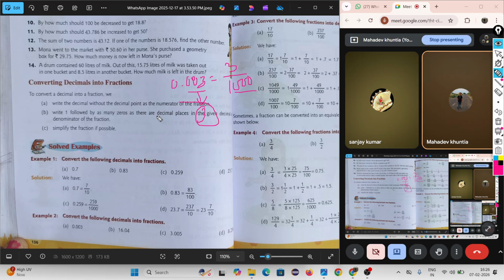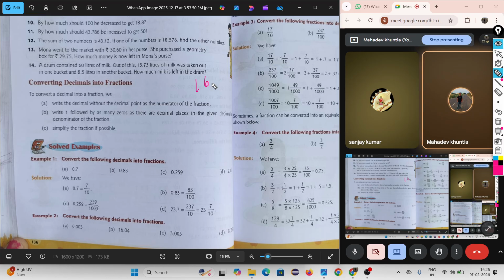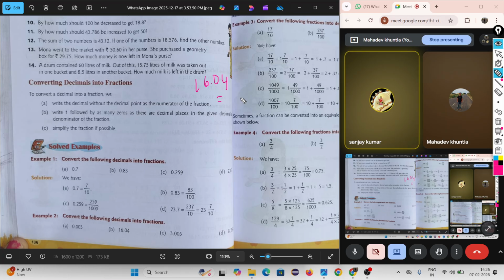Are you getting it? Yes. 16.04. 1604 upon 100. Yes, 1604 upon 100.